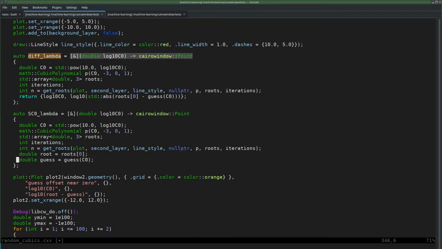No, I don't need a guess. Wait a minute. Okay, we do the following. So the root is going to be equal to the S of C0.